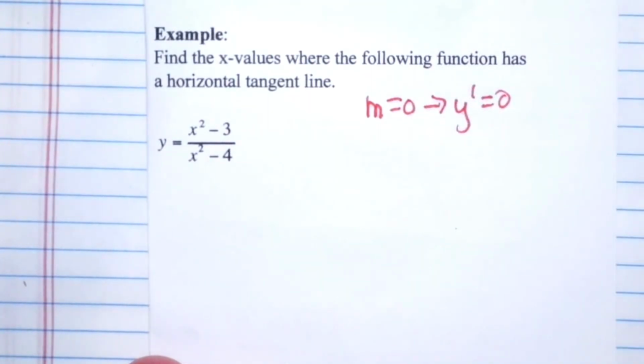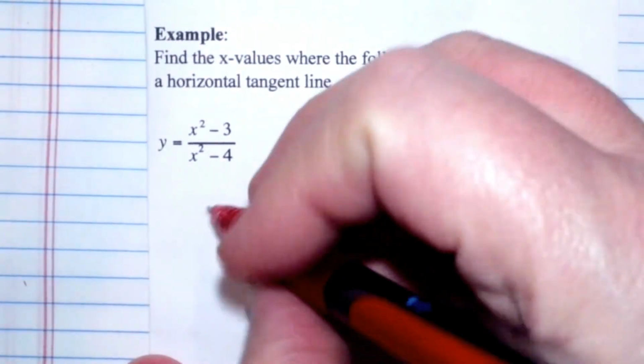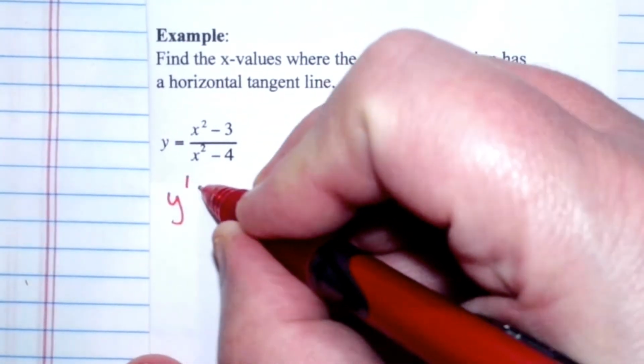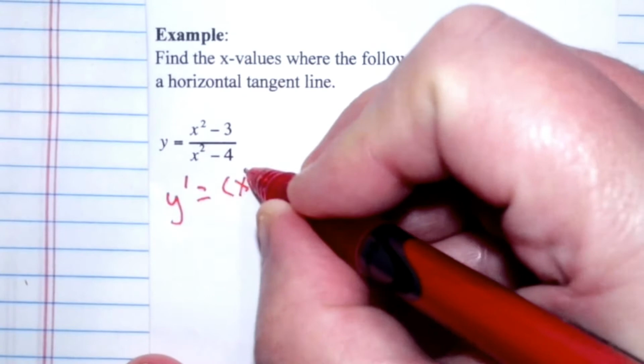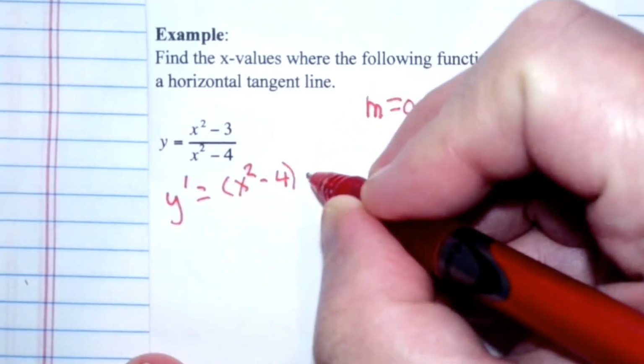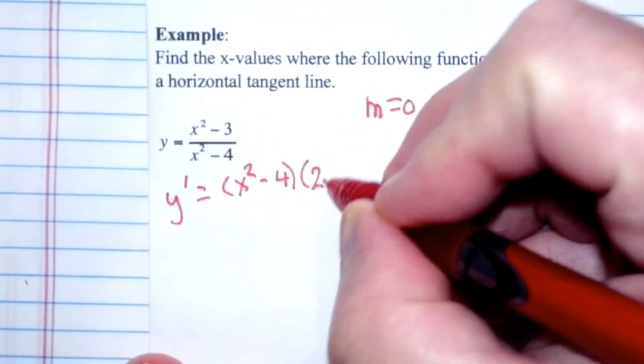Alright, so we'll go back to the quotient rule. We have the denominator times the derivative of the numerator.